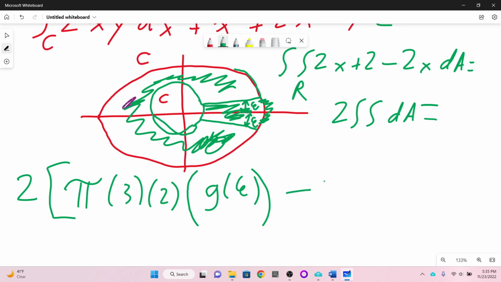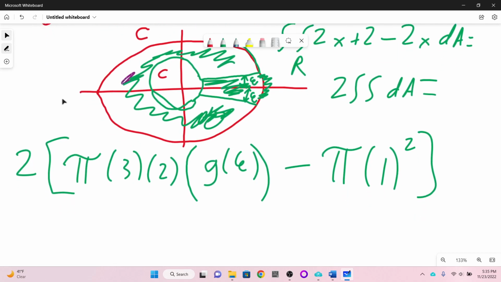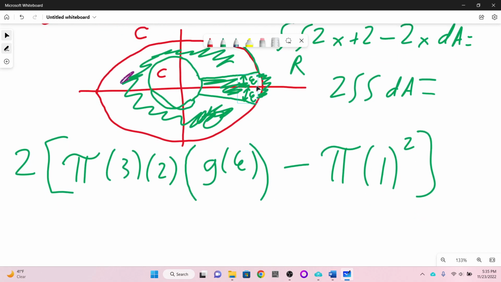Minus the area of the inside is pi times 1 squared. But the trick with this, what makes this work, is that we can now take the limit as epsilon goes to 0. So if we make the width of this little wedge shrink down to 0, then it disappears.